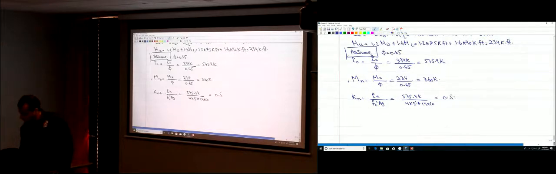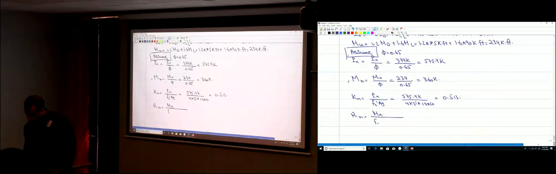So 575.4 K over 4 ksi. Area gross is 14 multiplied by 20 inches, so Kn is 0.513. It's a unitless value. Rn is Mn divided by Fc prime, area gross, H.